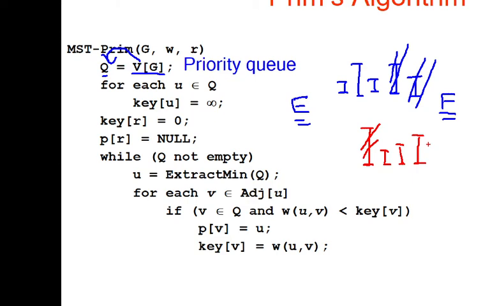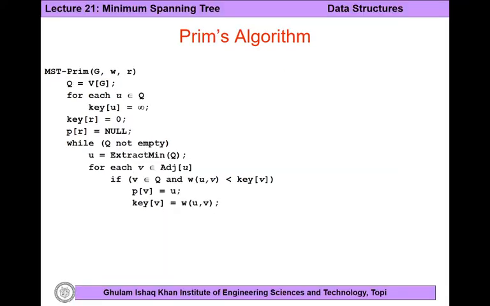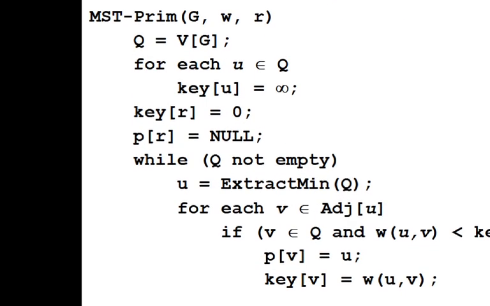Then if you want to extract the next number, this one will be extracted, and then this one, and finally this one will be extracted, right? So here this is not a simple queue, this is a priority queue, right?